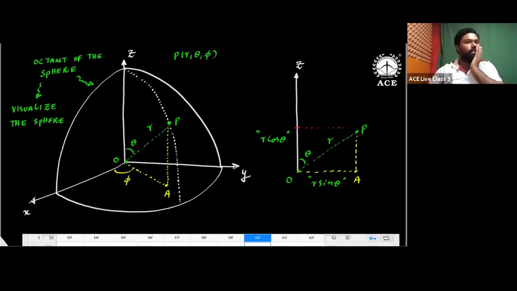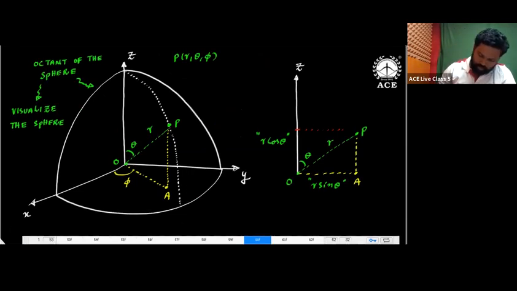So here, let us decide finally what about the directions of unit vectors here? What is it? R is radially outwards.